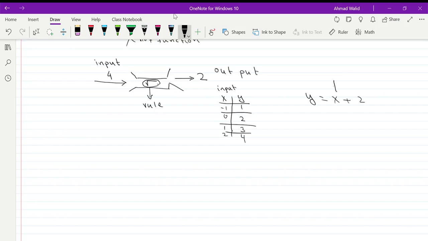You plug in -1 here. It's your input. Then you use the equal sign, and the output is 1. Correct? Y is your output. Input, output. Correct? Functions work like a machine. You have input, you get output.